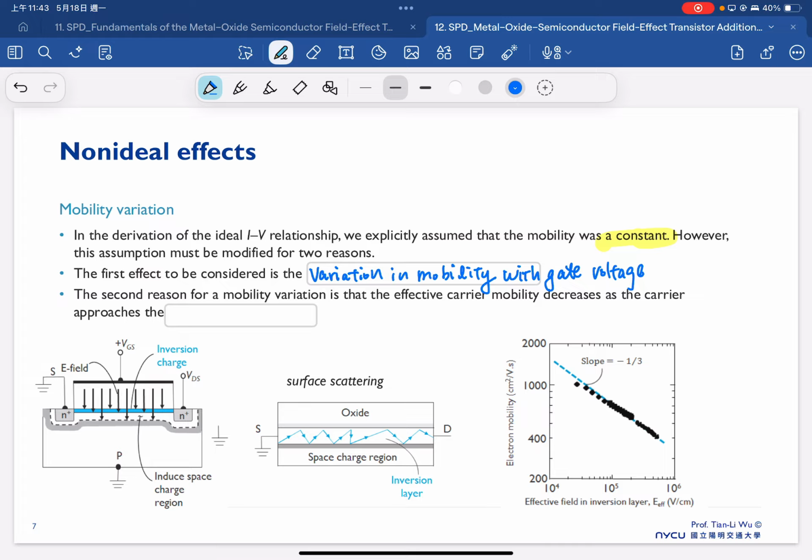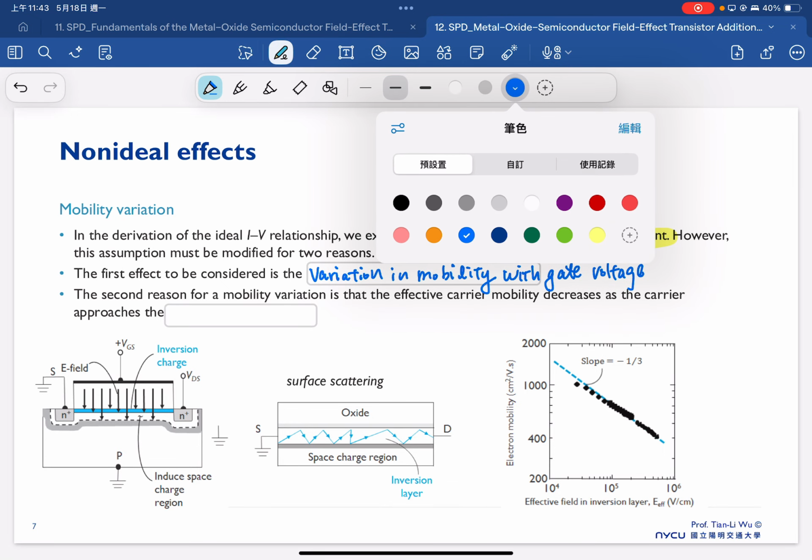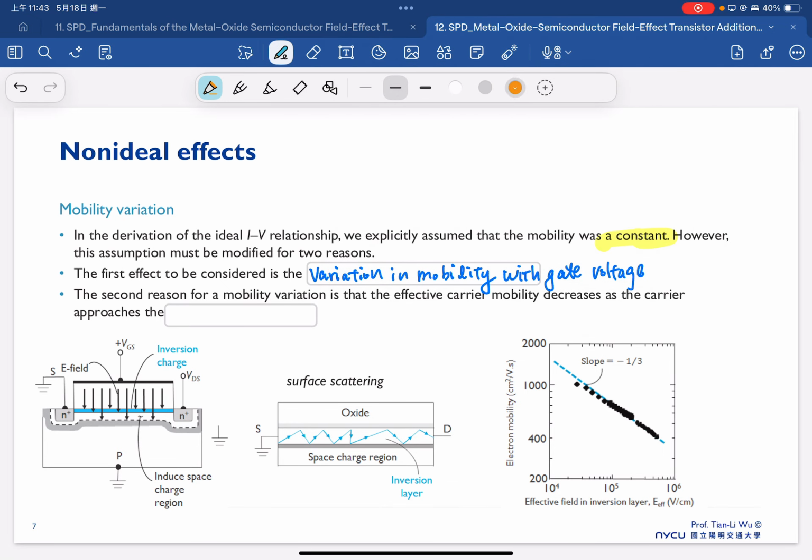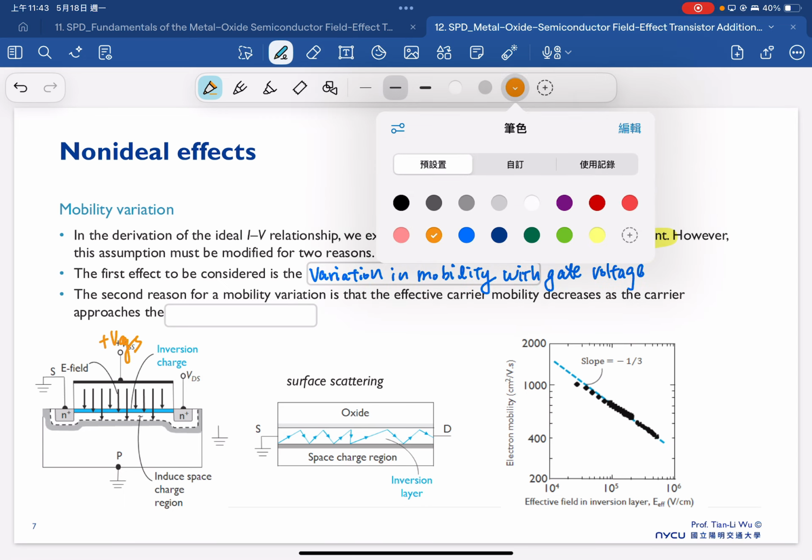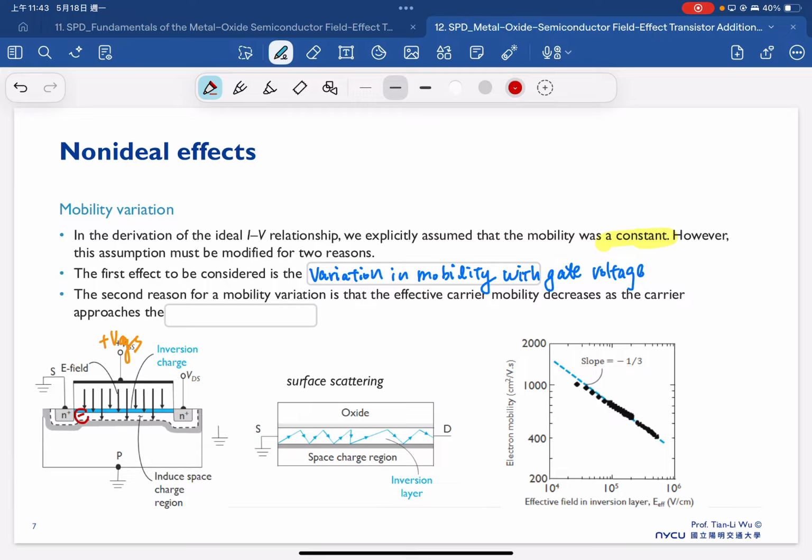This is because when we apply the VGS here, we will see the formation of electrons here.